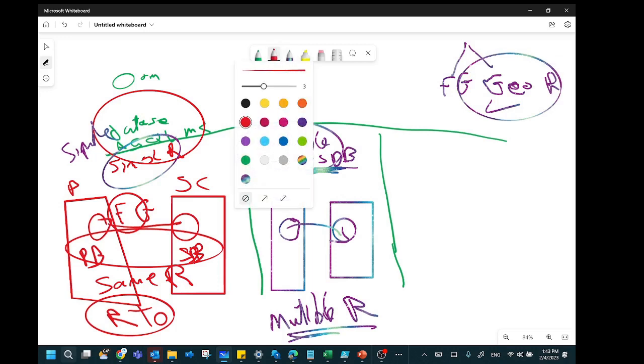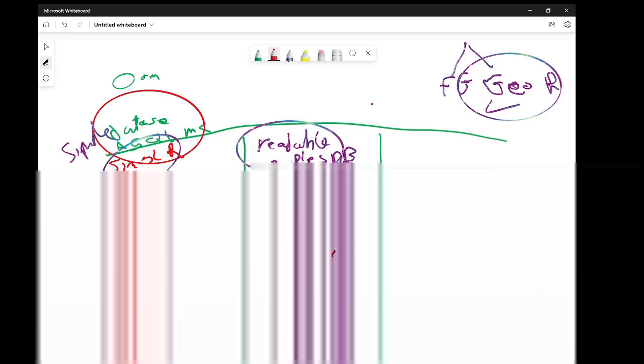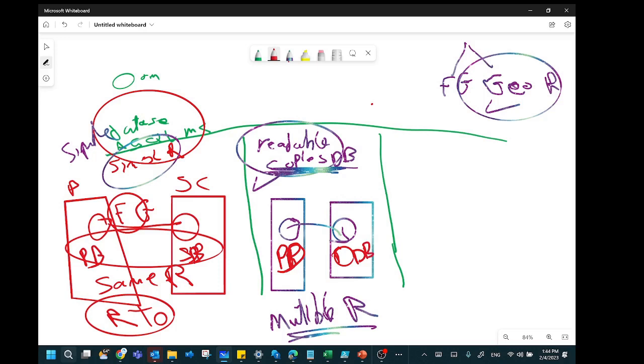So with Azure replication, you can set up a primary database in one region and one or more secondary databases in other regions. We can have SQL DB here.